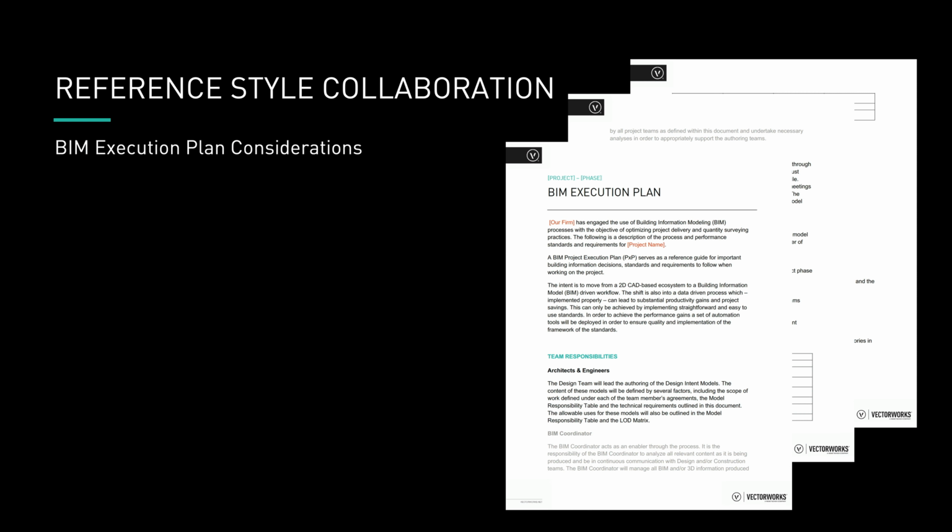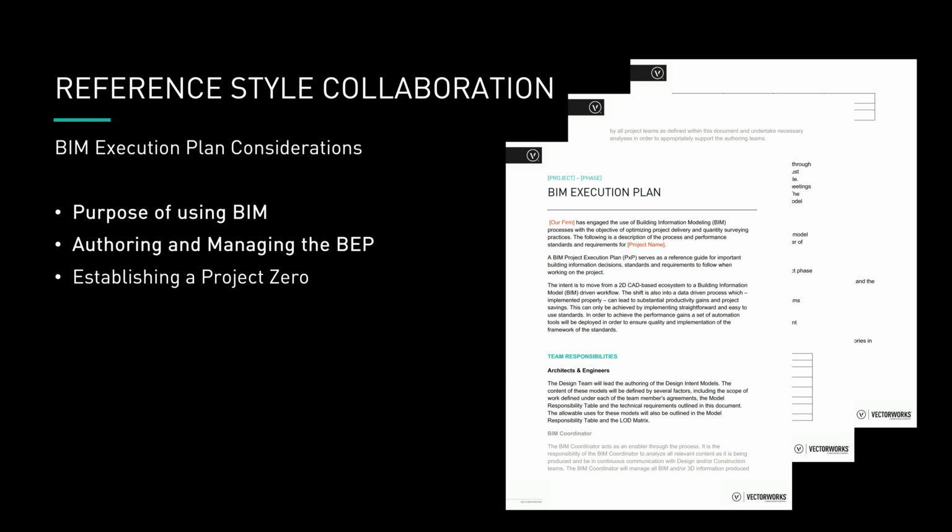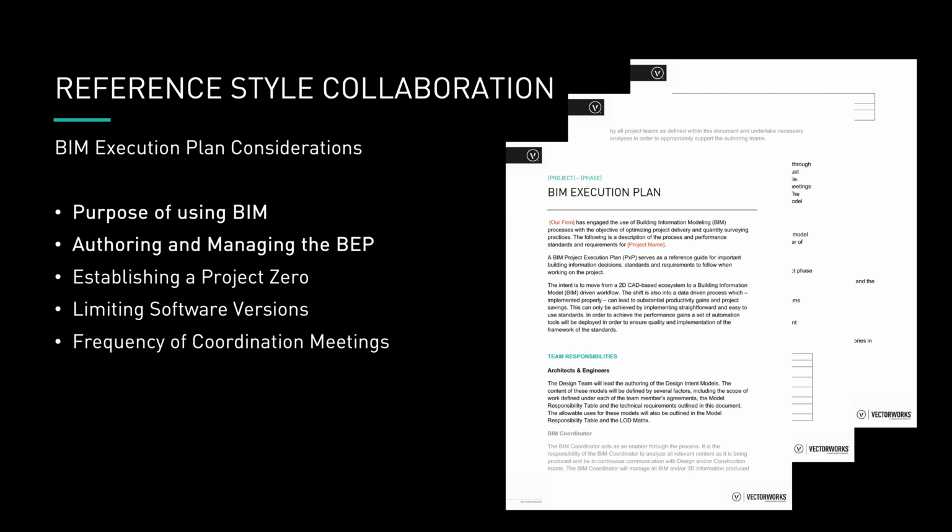The first principle of BIM collaboration to consider is planning. The process of creating a BIM execution plan is just as helpful as the document itself. The first question that a BIM execution plan should answer is, why do the project in BIM? If it's because the client requests that the project be BIM, that comes with specific expectations and deliverables.